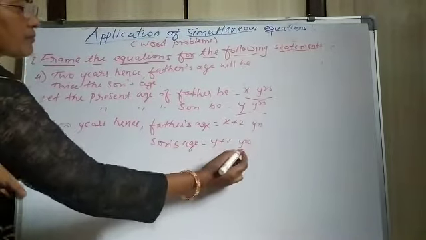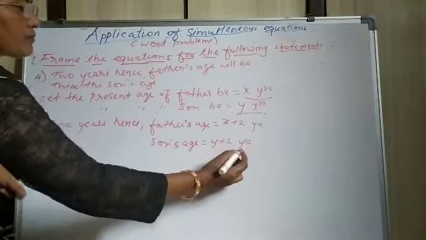Now remove the bracket: x plus 2 as it is, 2 into y is 2y, plus 2 into 2 is 4. Rearrange, bring the constant number to this side and the variables to this side. So x minus 2y is equal to 4 minus 2, therefore x minus 2y is equal to 2. This is the equation for this statement.